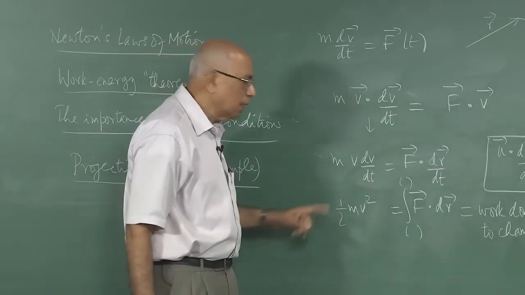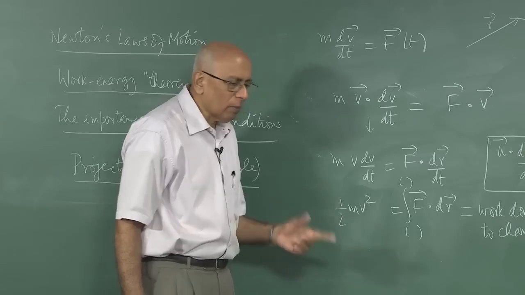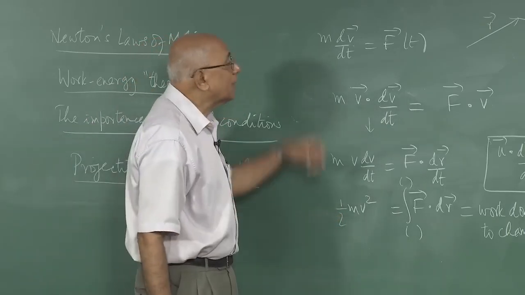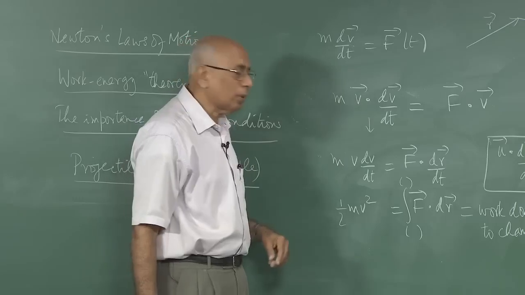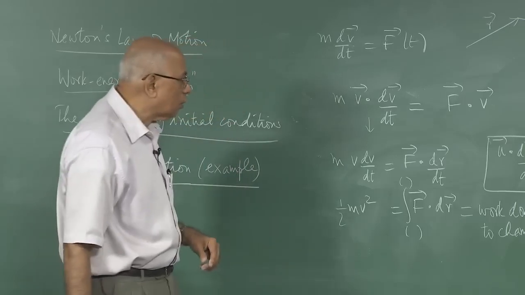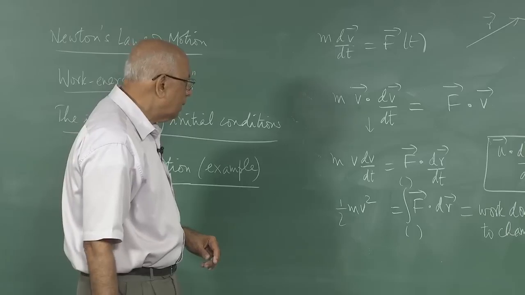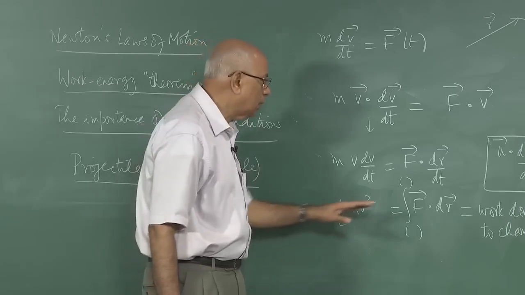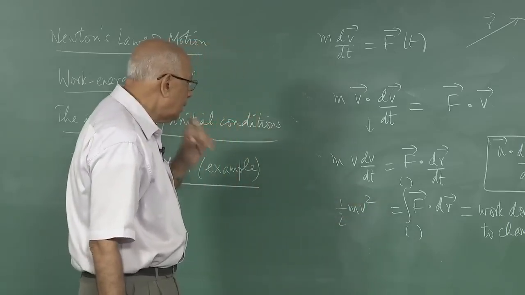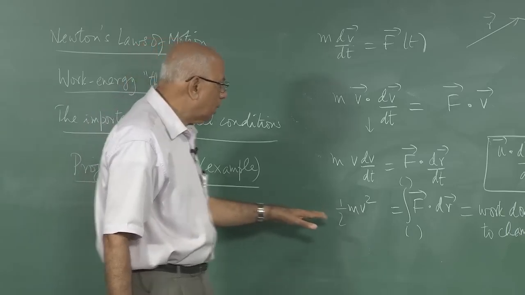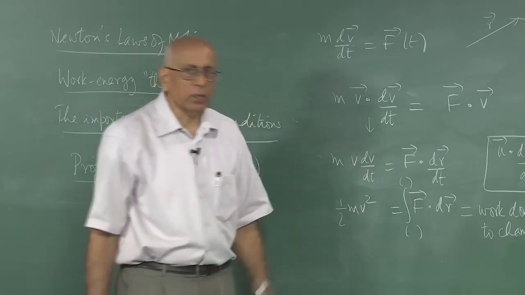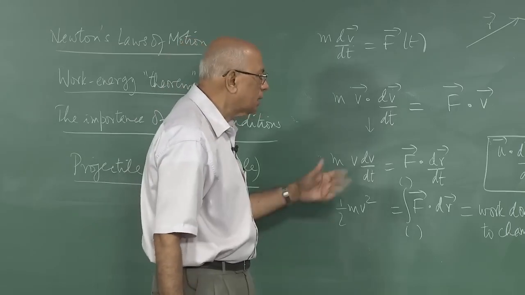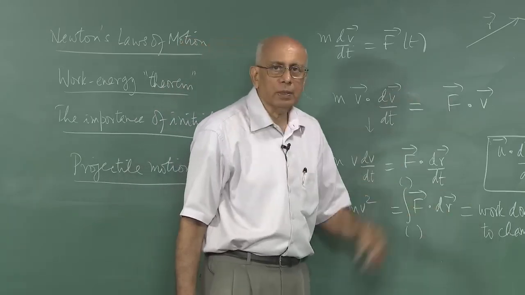A little later, when I talk about relativity, we will see that this formula is an approximation, just as Newton's equation itself is an approximation when the speeds are very small compared to the speed of light, and moreover when you are in an inertial frame. So we will come to these things a little later, but right now I just wanted to point out that here is an operational definition of the kinetic energy, and this is how the formula half mv squared arises by this simple argument. Okay.